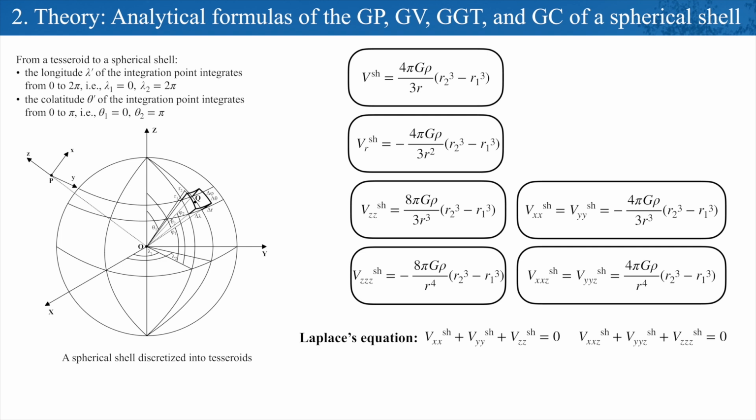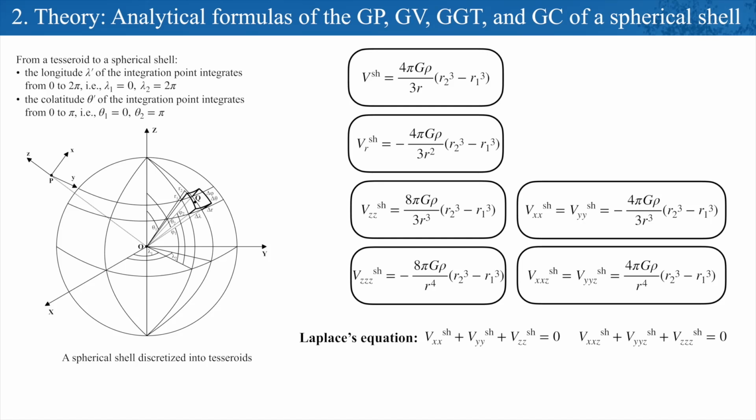In general, a spherical shell can be discretized into tesseroids with respect to the longitude, latitude, and radial directions.